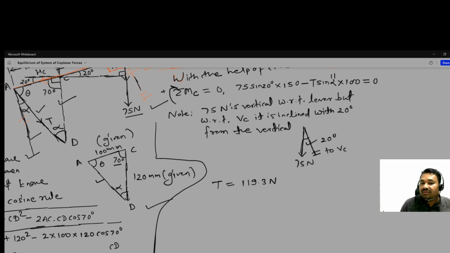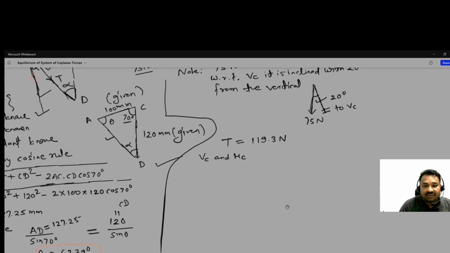Okay, so out of 3 unknowns, we have found one, that is T, the tension in the cable. To get VC and HC, we need to apply the other equilibrium conditions.